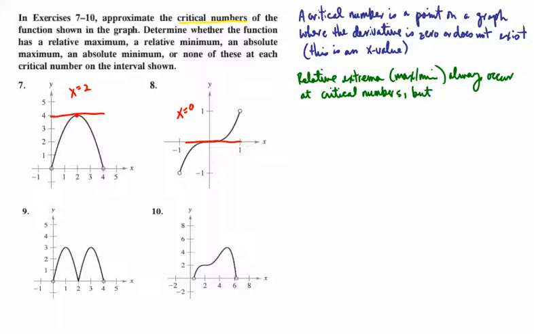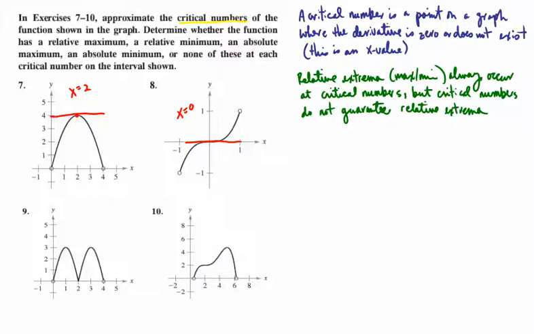But critical numbers do not guarantee relative extrema. And so exercise 8 is a great example of that. It's definitely a critical number. The derivative is 0 when x is 0, but it's not a relative maximum or a minimum there.